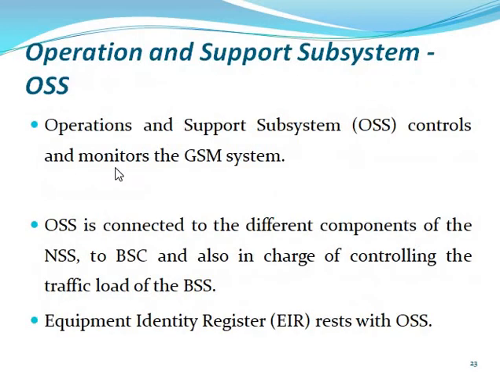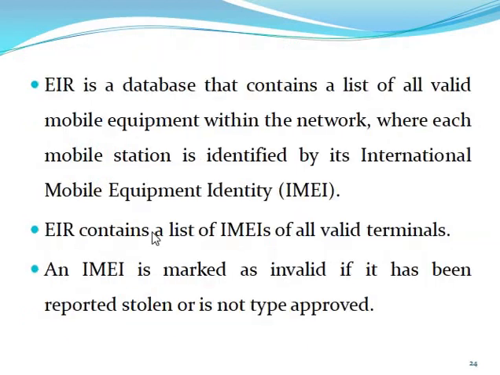EIR, the equipment identity register, is a database that contains the list of all the valid mobile equipment on the network, and each mobile station is identified by its international mobile equipment identity.